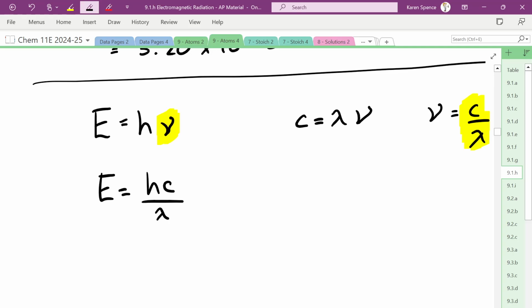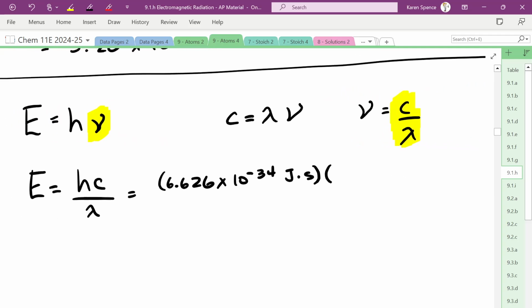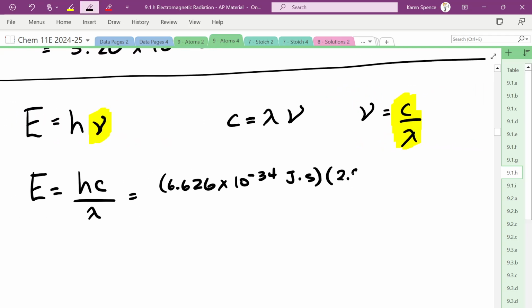So we would then have 6.626 times 10 to the negative 34 joule seconds times 2.998 times 10 to the 8 meters times seconds to the negative 1.